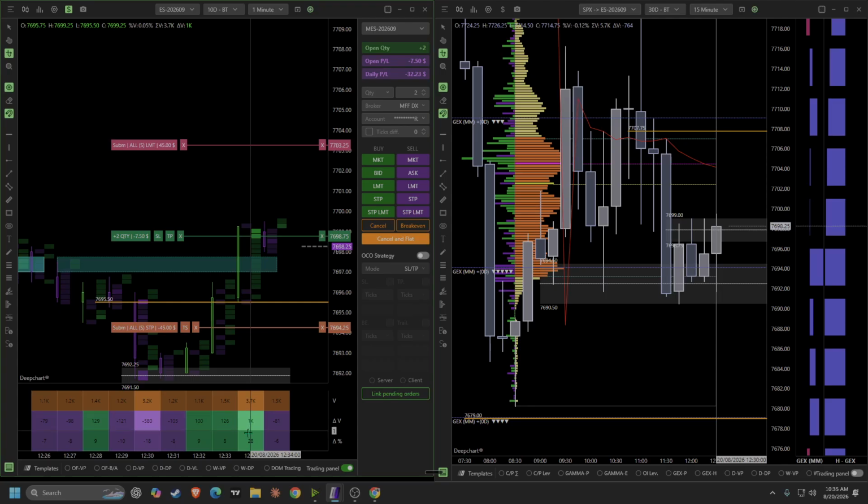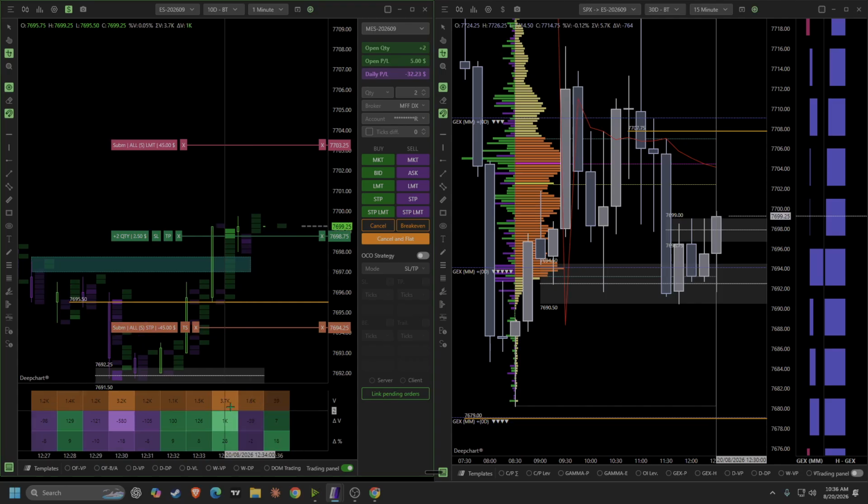If we look at this particular candle, this one right here, as you can see we had significantly more volume than the candle before it and the candle after it. And there was a large asymmetry between aggressive buying and selling delta, where the buyers are in control here.